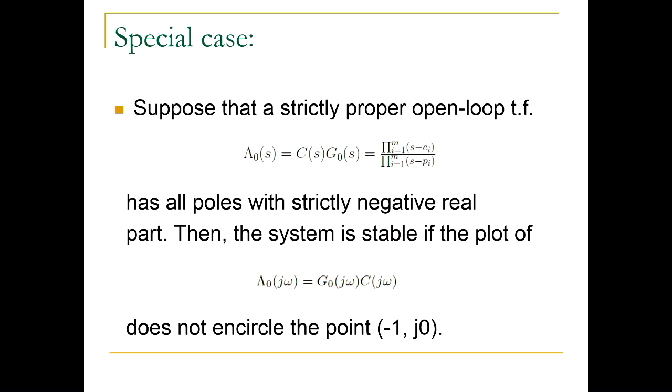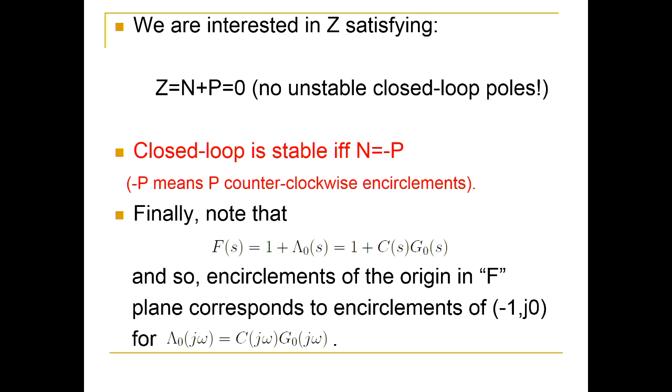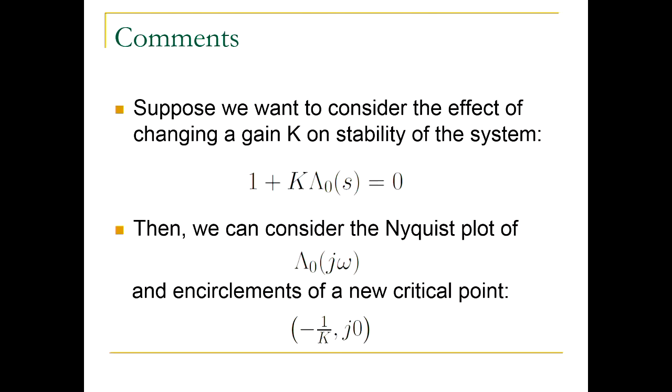So P is 0, hence N should be 0, so that Z is 0. When P is 0, we want Z to be 0, so N should be 0 to have stability. That's the necessary and sufficient condition for stability. So this is a special case. When the open loop transfer function is stable, we should not have any encirclements of the critical point. That's it. Questions?